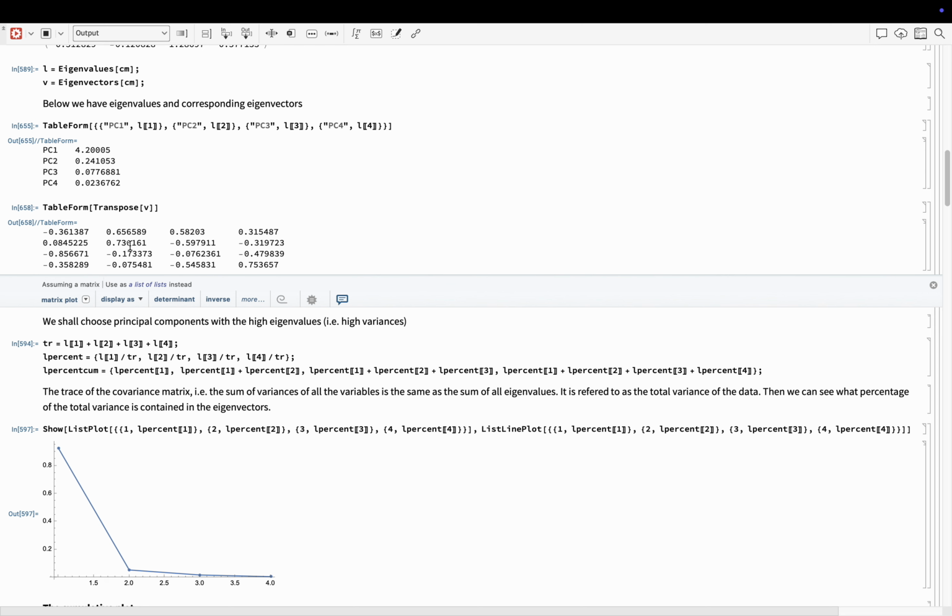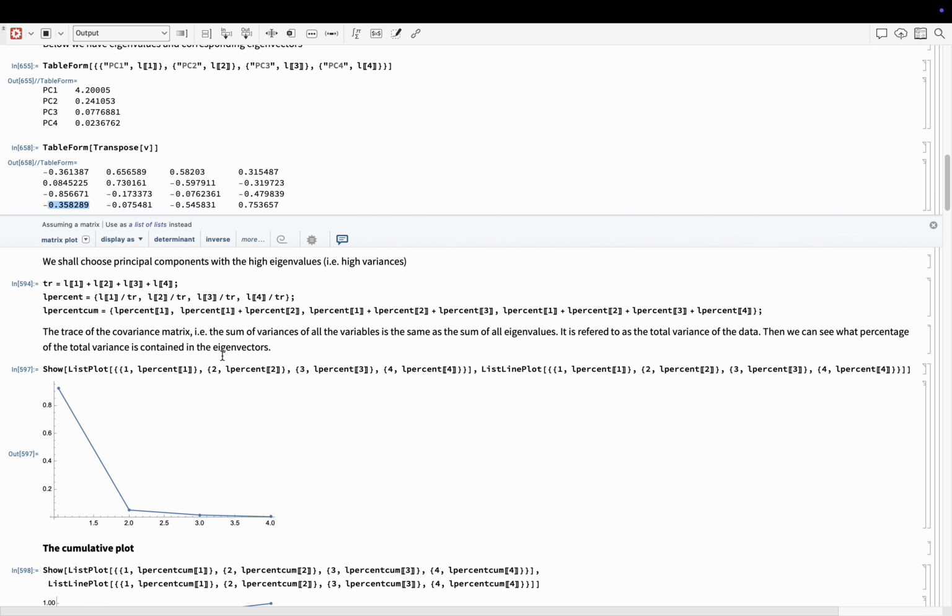This is the first eigenvector, the second, the third, and the fourth. And these are coefficients in the original basis. So if we want to calculate the value of principal component 1, we have to multiply the first variable by this number, the second variable by this number, the third variable by this number, and the fourth variable by this number, and we get principal component 1. And the same for other principal components.